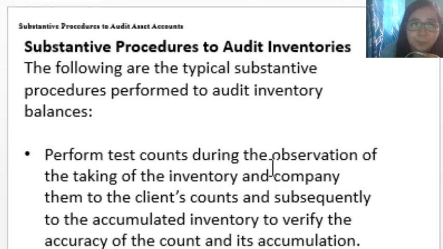Here, the auditor can perform the test counts during the observation of the taking of the inventory, and compare them to the client's accounts, meaning this will be reconciled to see if the entity has correctly recorded the amount of items of inventory that exist in their warehouse or vicinity, and subsequently to the accumulated inventory to verify the accuracy, count, and its accumulation.